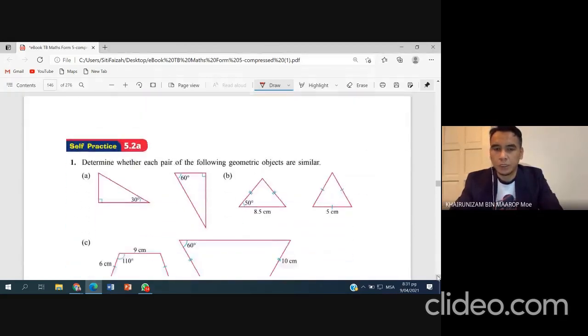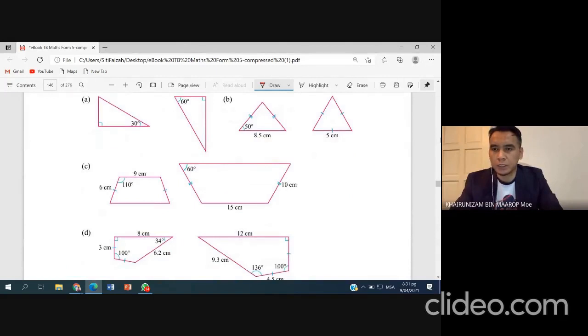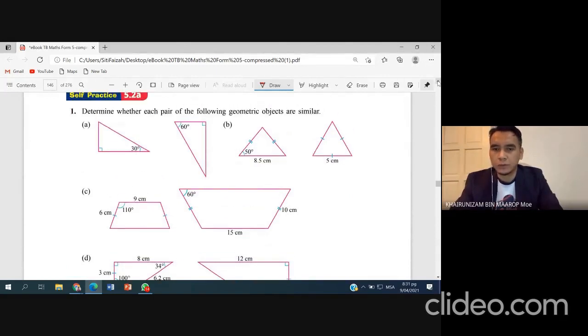Okay, this is a self-practice, so you can try to determine whether these objects are similar. So you can look at the sides.